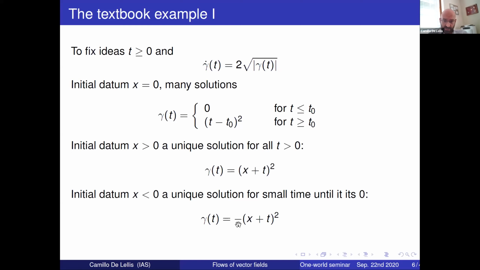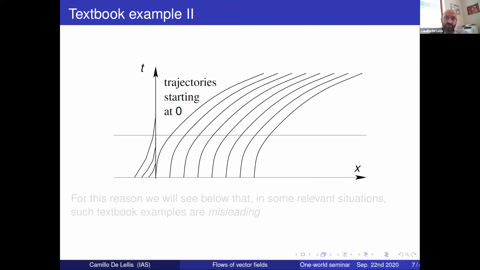The explicit solution for small times is going to be (minus square root of x plus t) squared, but at a certain point, if x is negative, this becomes 0, and then you're back to the situation you had before. You can plot this, and here I've given a plot: this is the space, and this is the time, and you have trajectories which start at the positive times, and they evolve uniquely.